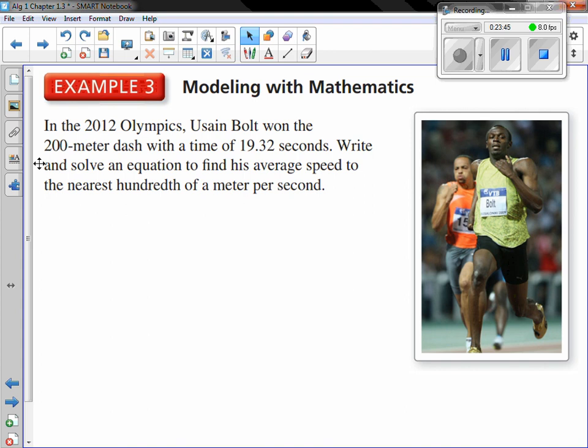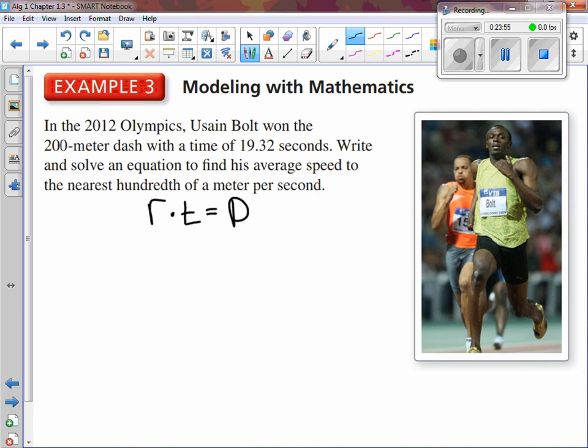Now, when we talk about rate, or speed, and especially distance and time, we have a certain equation we use. Rate times time is equal to distance. However fast something or someone is going times the amount of time they spent going at that speed will give us the total distance traveled. And that's what we're going to use for this.